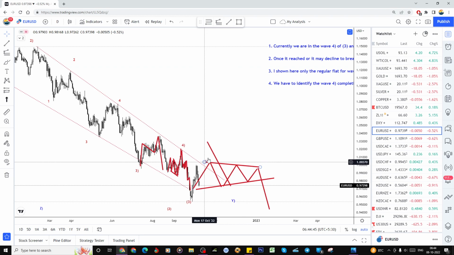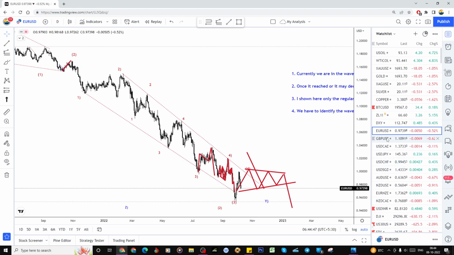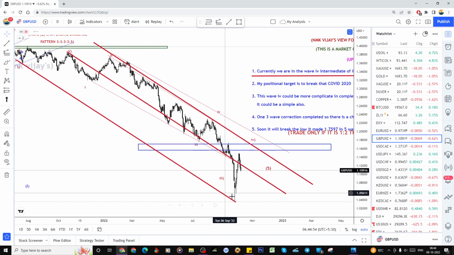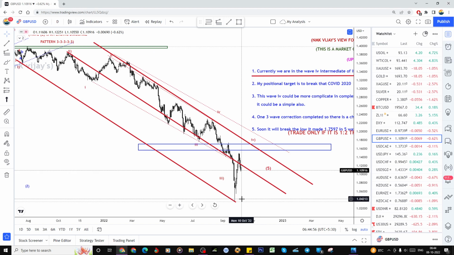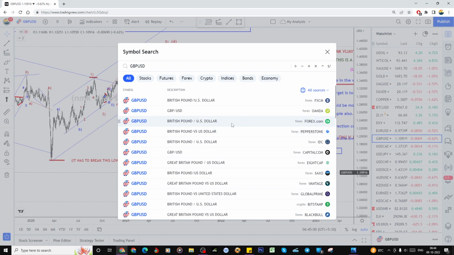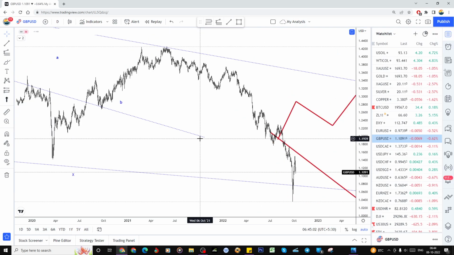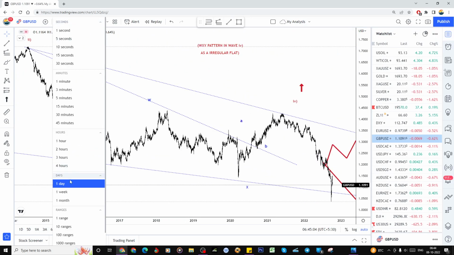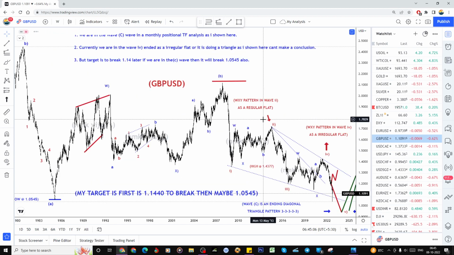As per my analysis, my target for the Euro USD has been reached, DXY has already reached, and GBP USD did last week. I will show you my previous analysis on the weekly. My target was first to break this 1.1440, and I already did.